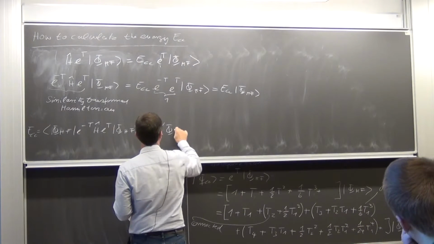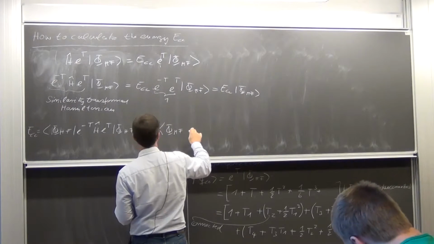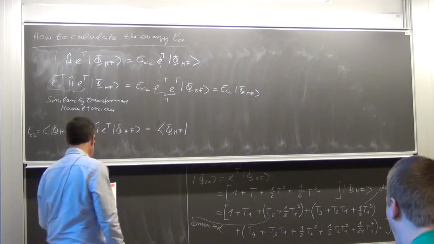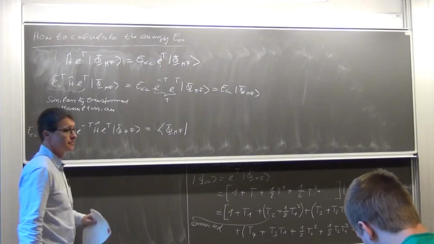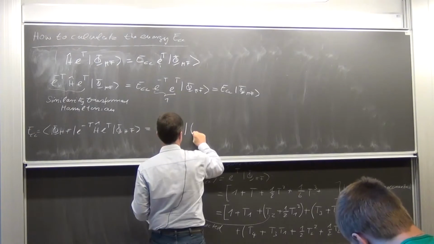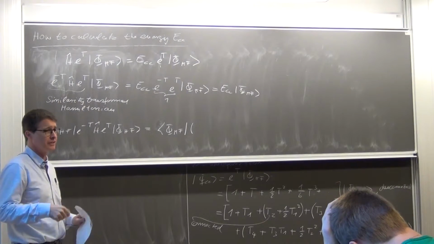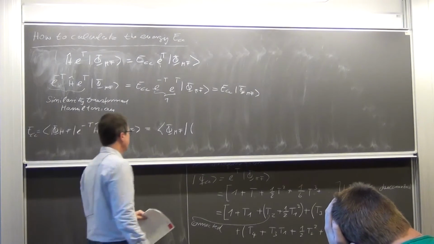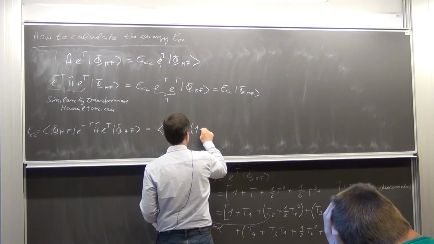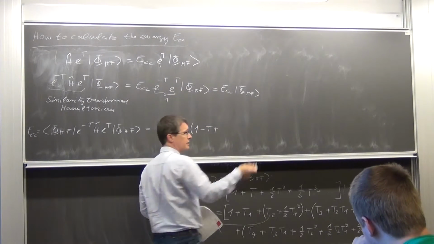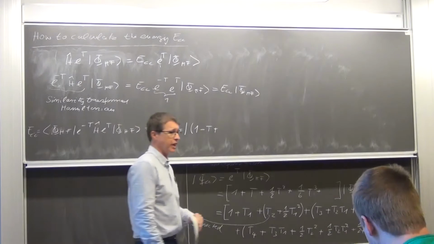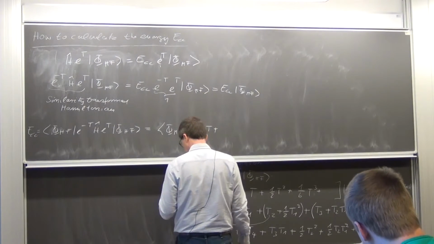So I have my Phi Hartree-Fock, and I have e to the minus T. Now that's the expansion of not e to the x, but e to the minus x. And that goes like 1 minus T plus 1/2 T squared, and so forth.